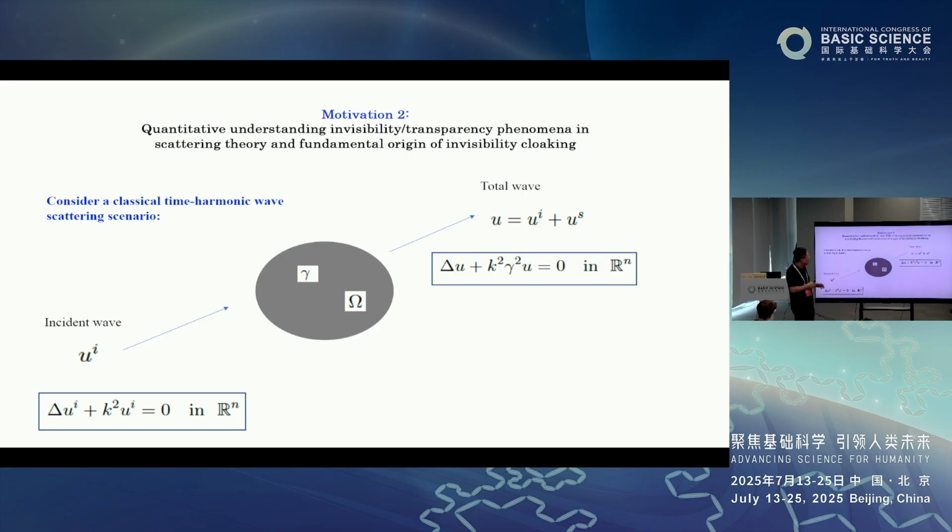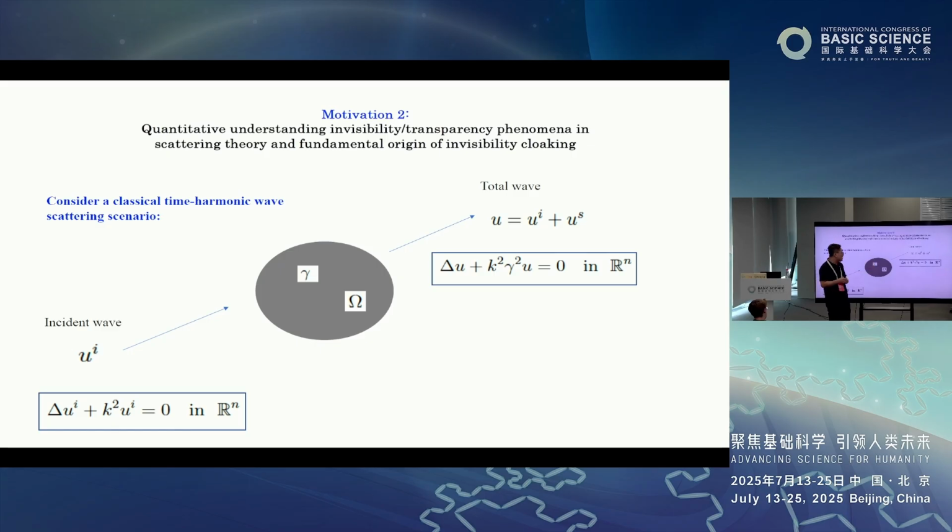Right. So now the propagation of this incident wave is going to be interrupted due to the presence of this space inhomogeneity, and leads to the so-called perturbed wave. That's also called the scattered wave. So basically, we've got u^s, the scattered wave, the perturbation due to this inhomogeneity.